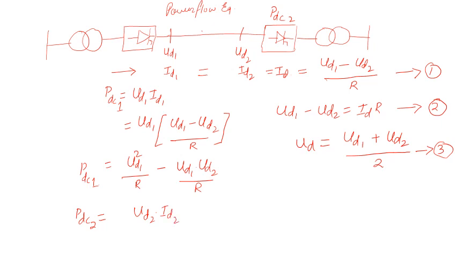ID2 is this equation, put it here, and you will get minus UD2 square divided by R plus UD1 into UD2 divided by R. Okay, so I am marking these equations as 4 and 5.